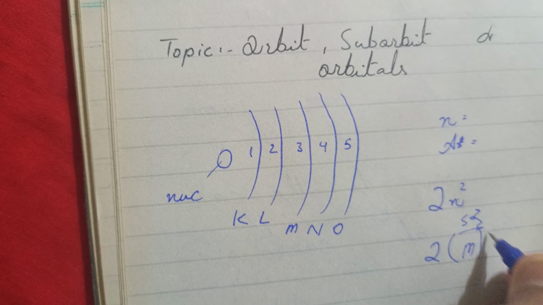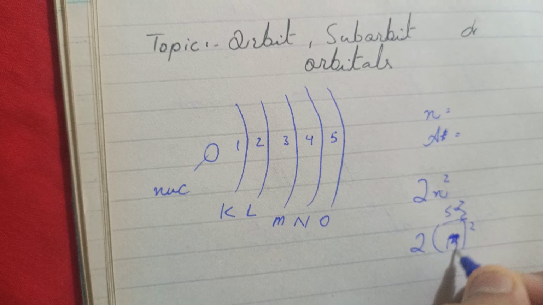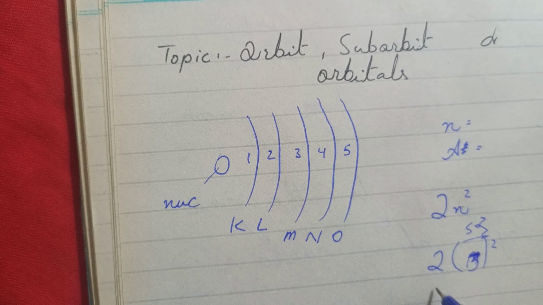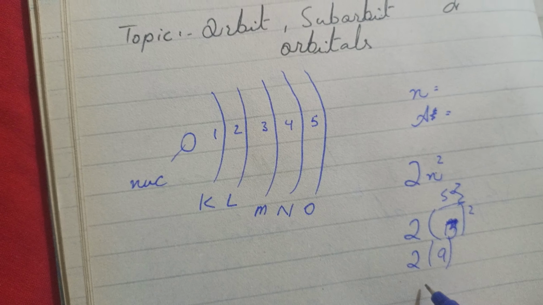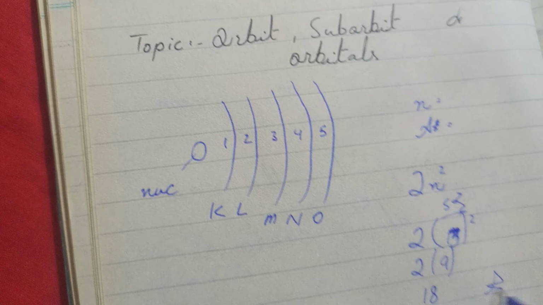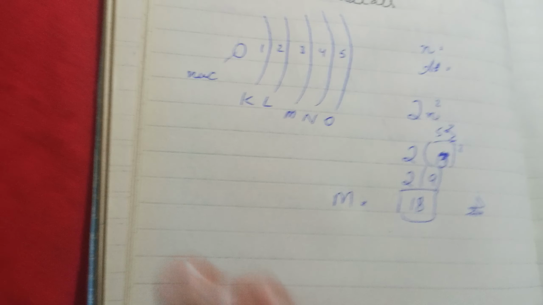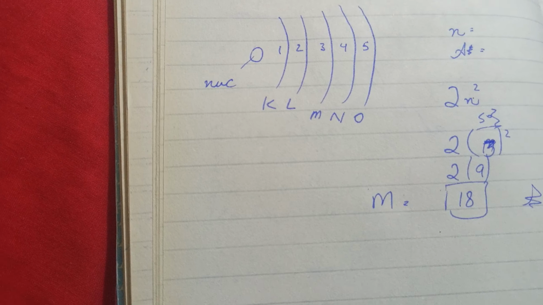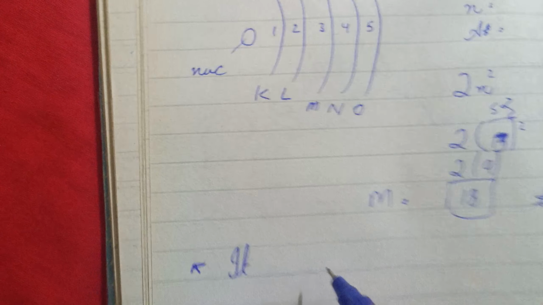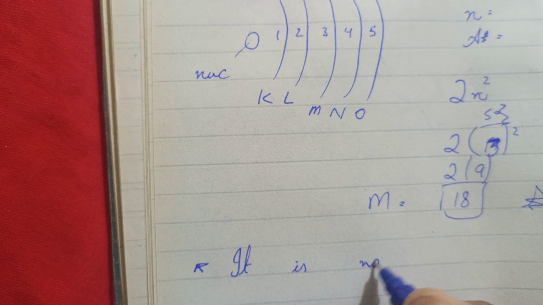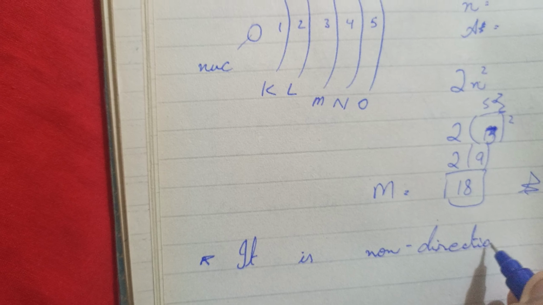If I take n as 3, the square of 3 is 9, and 2 multiplied by 9 is 18. So we got the answer that M contains 18 electrons. Remember one more thing: these orbits are non-directional. They do not have any kind of direction.